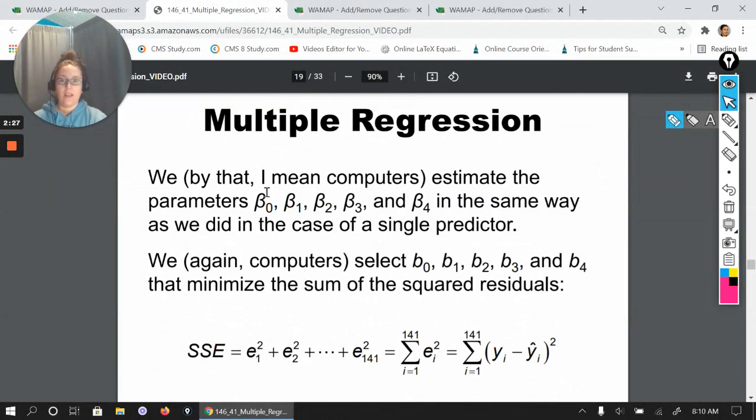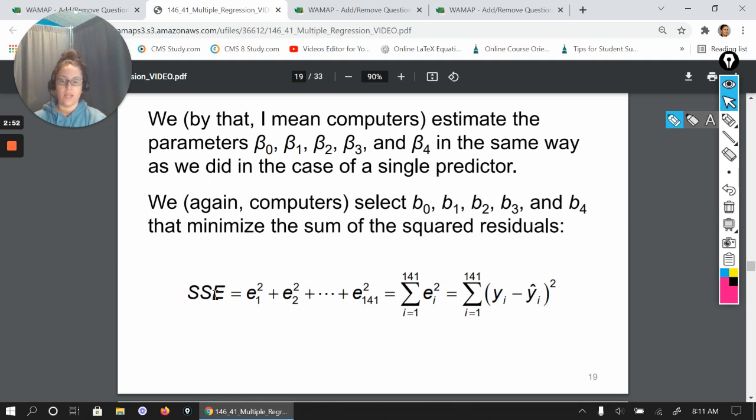We, by that I mean computers, estimate the parameters beta naught, beta 1, beta 2, beta 3, and beta 4, in the same way as we did in the case of a single predictor. We, again meaning computers, select b naught, b1, b2, b3, and b4 that minimize the sum of the squared residuals.